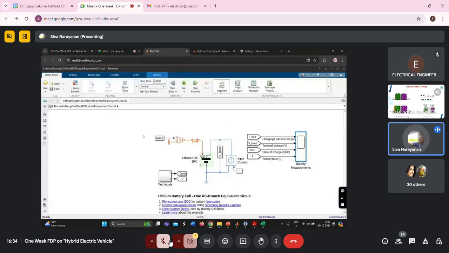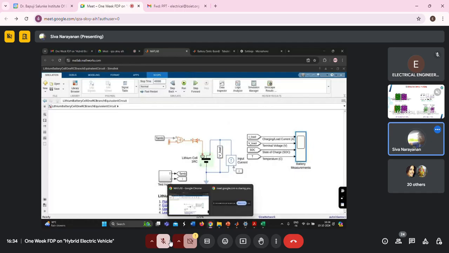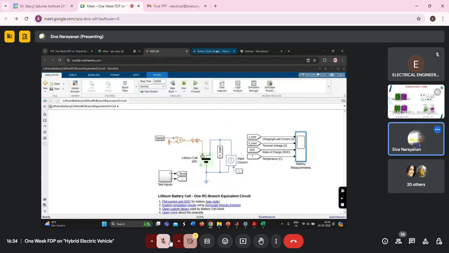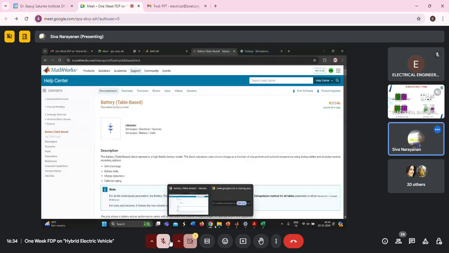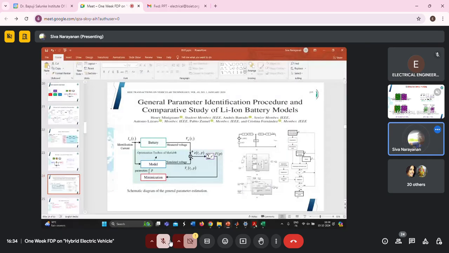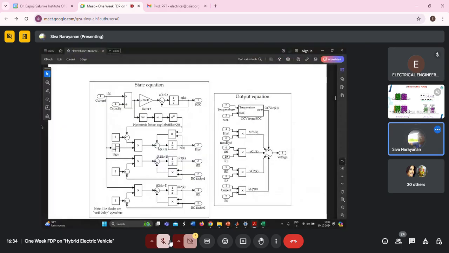Like this also you can work. And this is the chart type, the most general type. Anybody who is good in MATLAB can do it. As I was explaining, you have to form the state equation and the output equation with the help of Simulink like this.